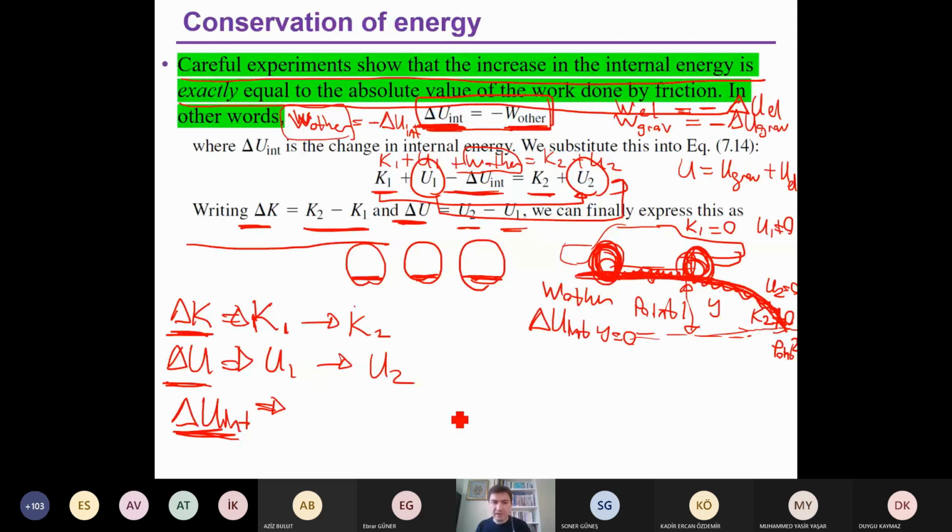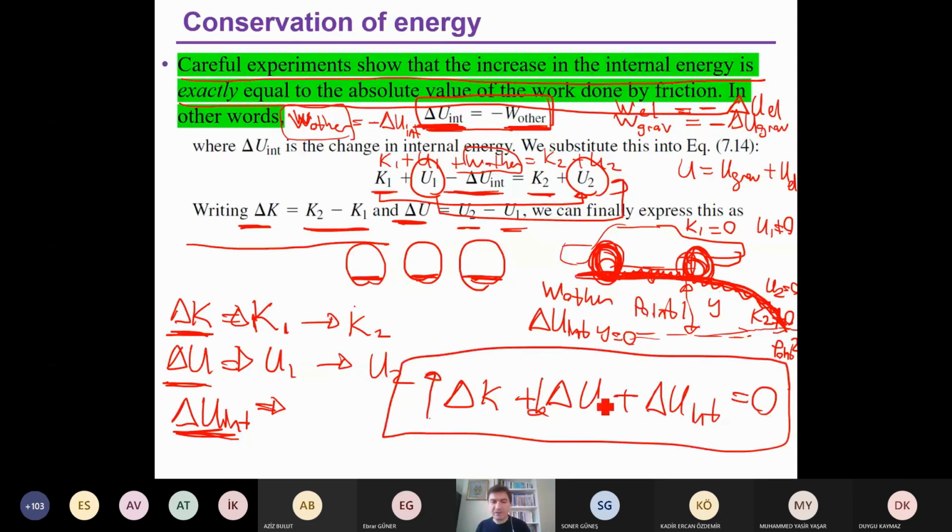So then the change in the kinetic energy, the change in the potential energy, the change in the internal energy of the system sum to 0. So the decrease in this potential energy can be used to increase the kinetic energy and can be used to increase the internal energy of the system, okay?